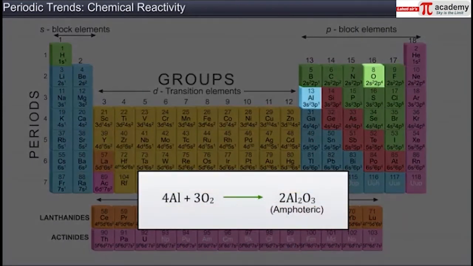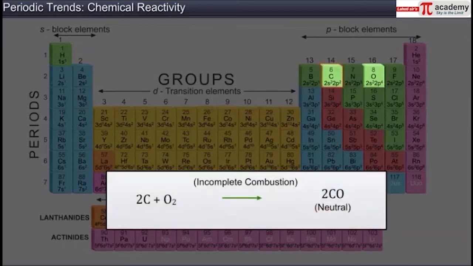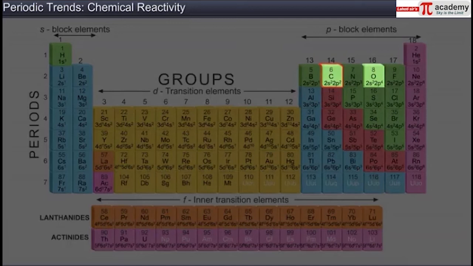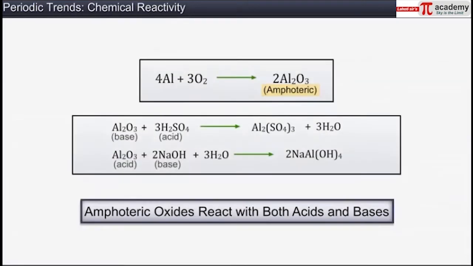Oxides formed by elements in the center are either amphoteric, like aluminium oxide, or neutral, like carbon monoxide. Amphoteric oxides can behave both as acids and as bases depending upon whether they react with a strong base or a strong acid.